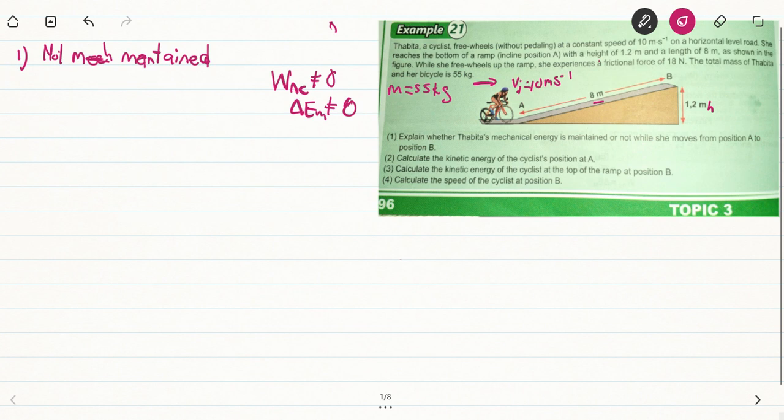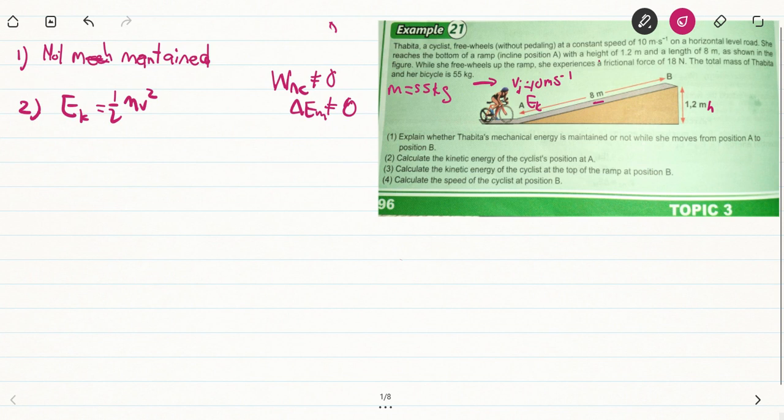So now let's do number 2. Here we are told to calculate the kinetic energy of the cyclist at position A. So what we want is EK here. Do we have values for this? We do. The equation that we're going to use is EK equals 1 over 2 mv squared.